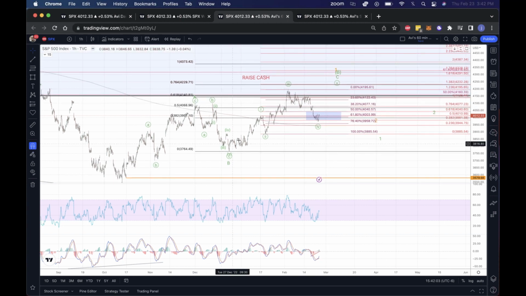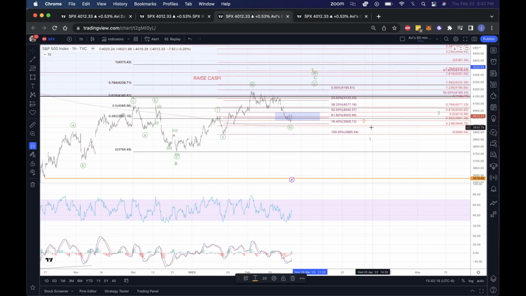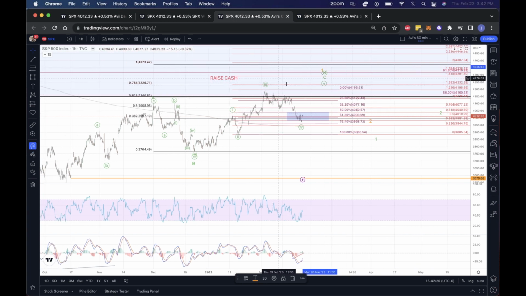Given what we're tracking as the primary perspective, I think it's unlikely that we get considerably higher than 43.30, but again, I wouldn't rule something like that out. And if we're in the alternative perspective, the yellow count, then it becomes extremely likely.